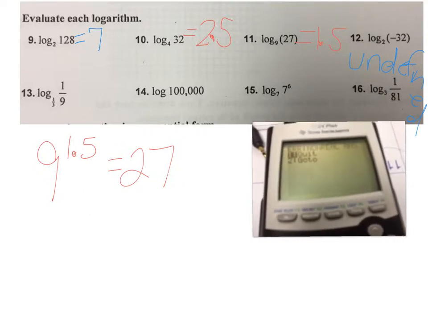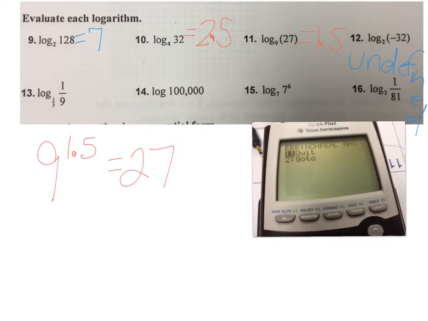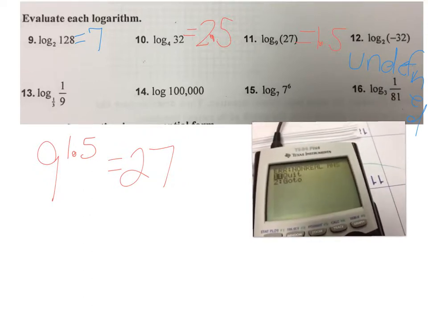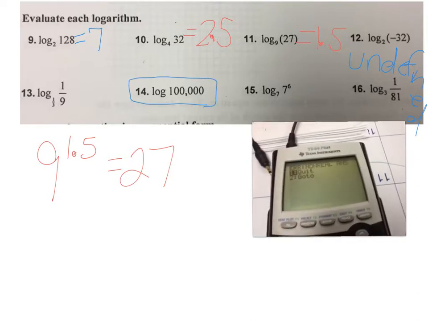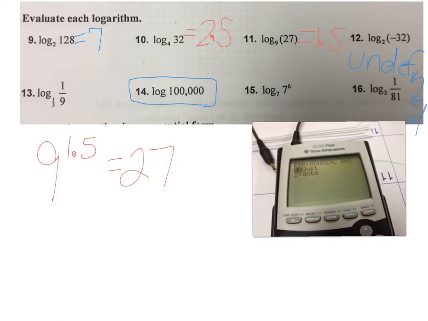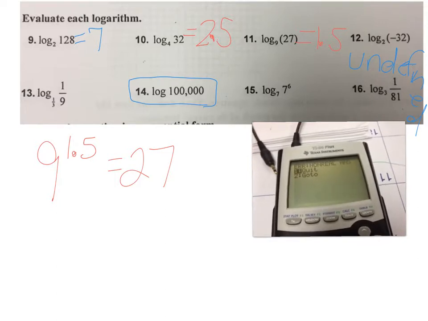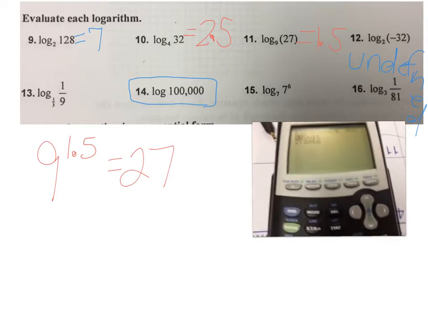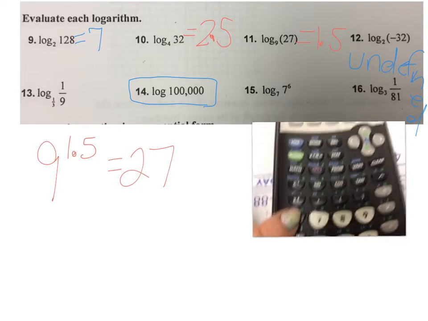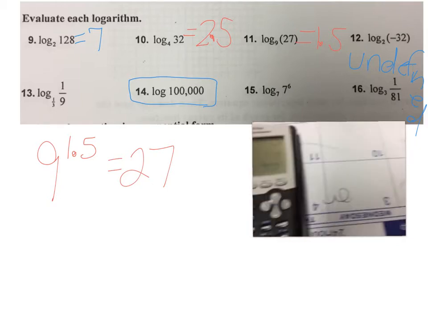I'll leave you to doing problems 13 through 16. I'll just make one mention that on 14, we don't see a base. If there's a base missing, we assume that base to be log base 10. In that case, you could use this log button, it's called the common log, on the calculator.